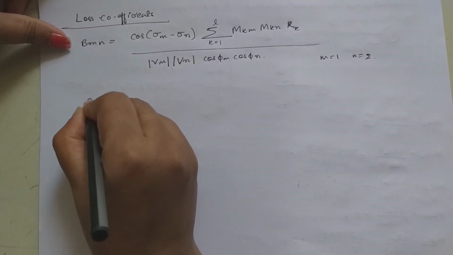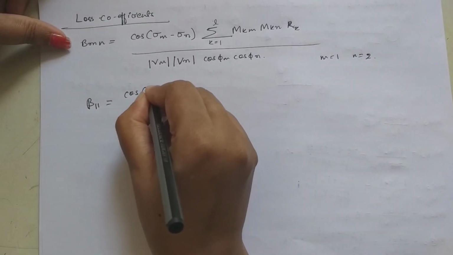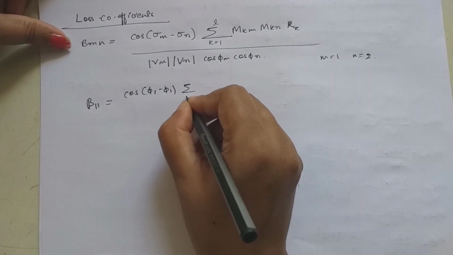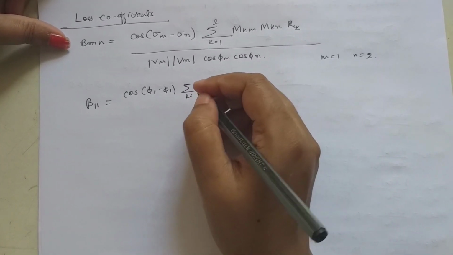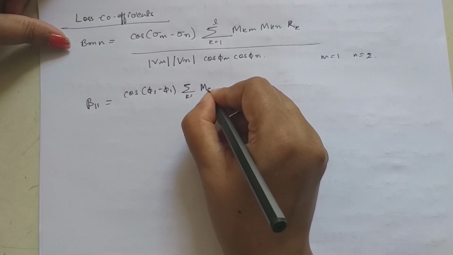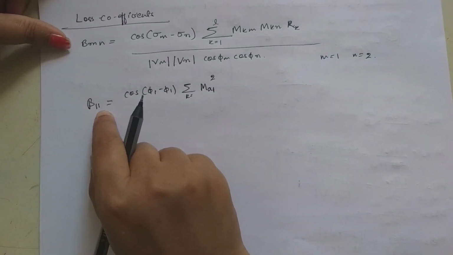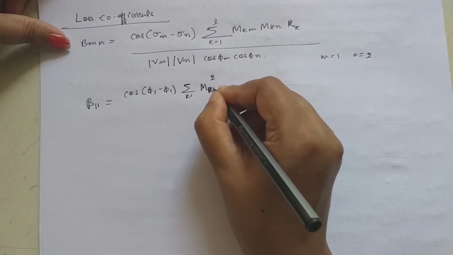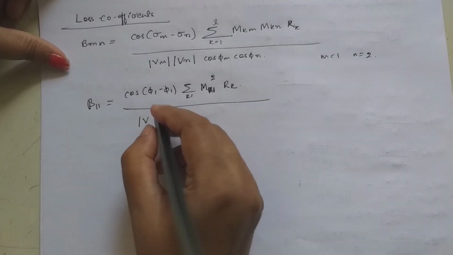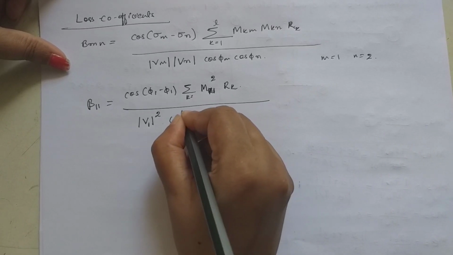Considering B11, which is equal to cos(sigma 1 minus sigma 1), summation with k varying from A to E, of MK1 square into RK, whole divided by V1 square cos square phi 1.